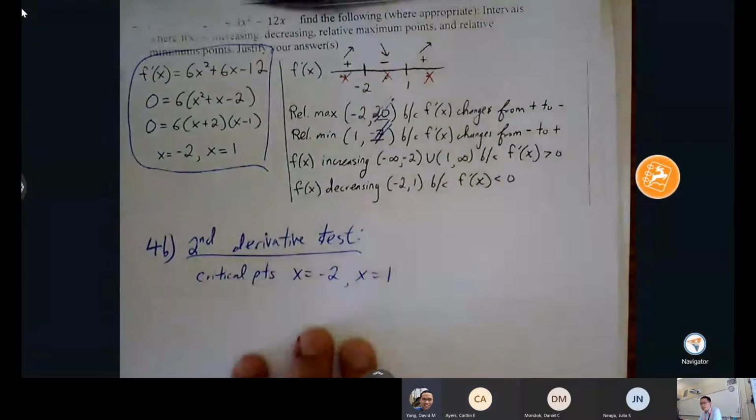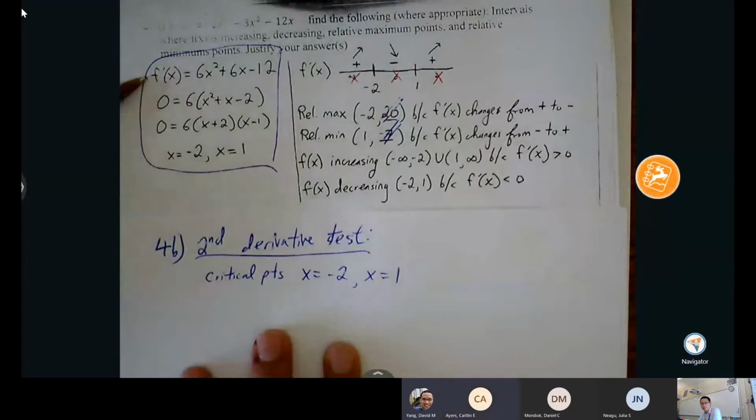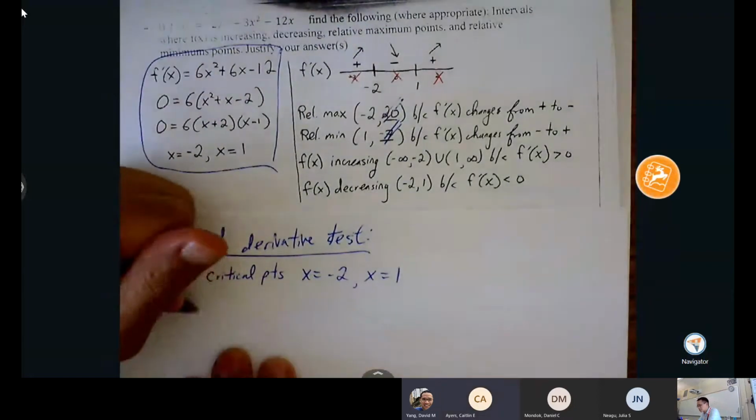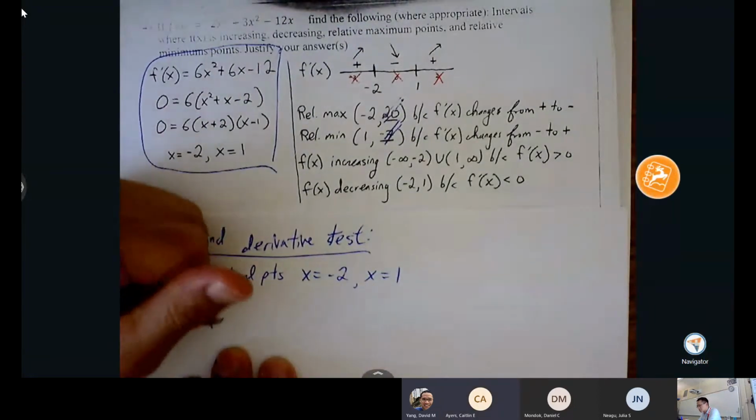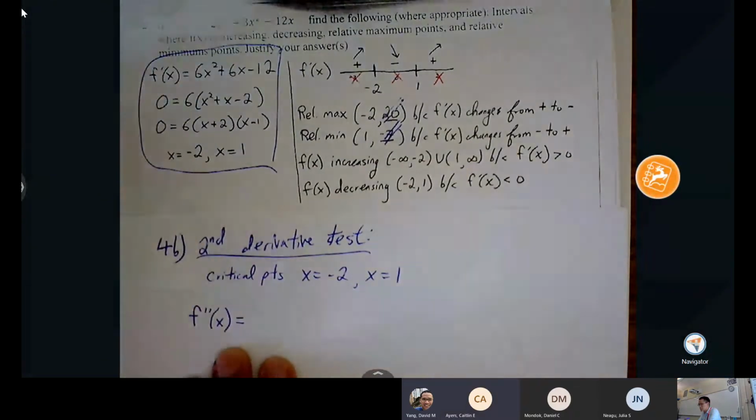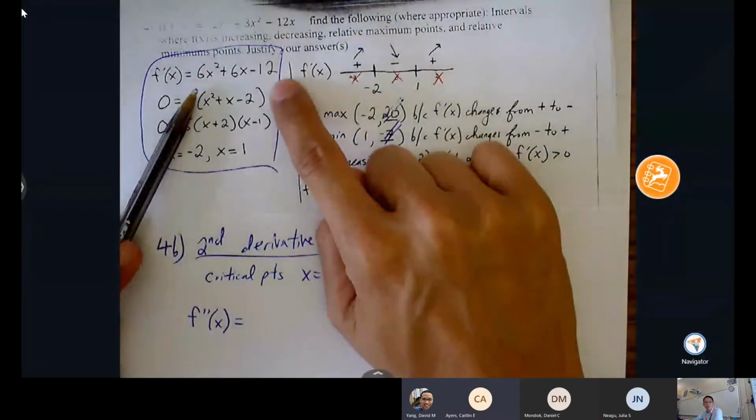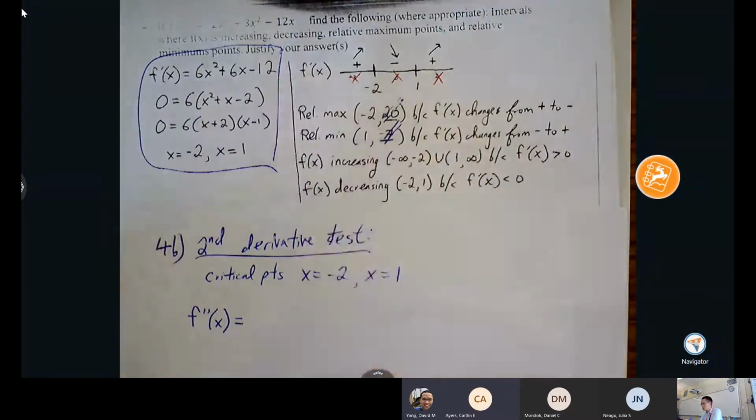We're going to go ahead and find f double prime, which is 12x plus 6.